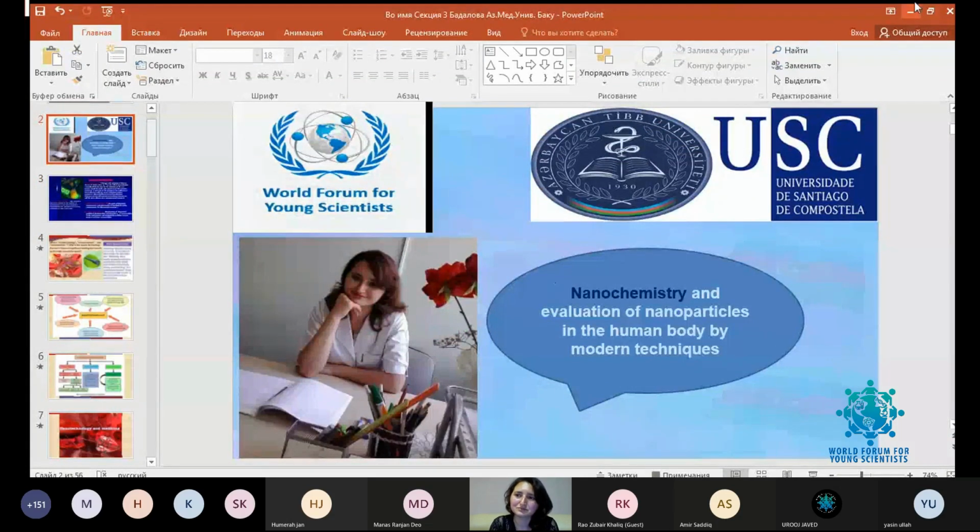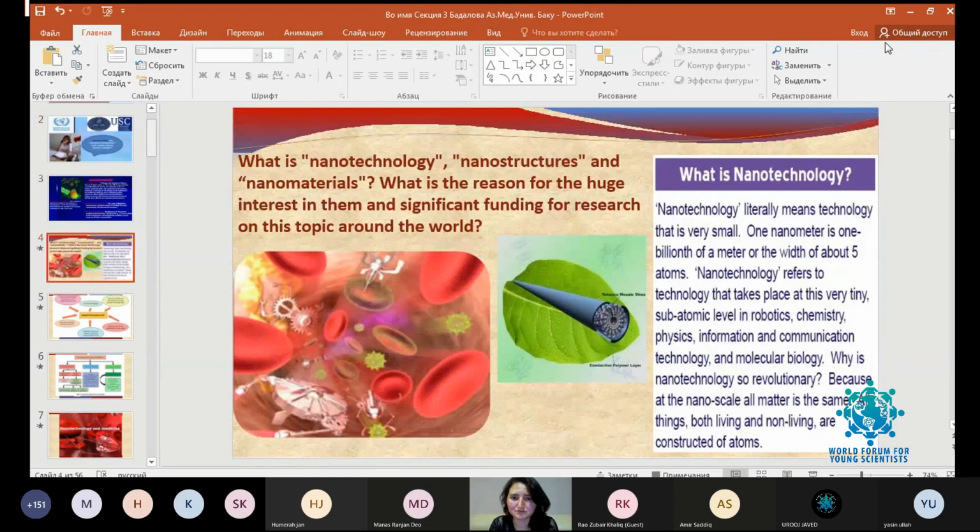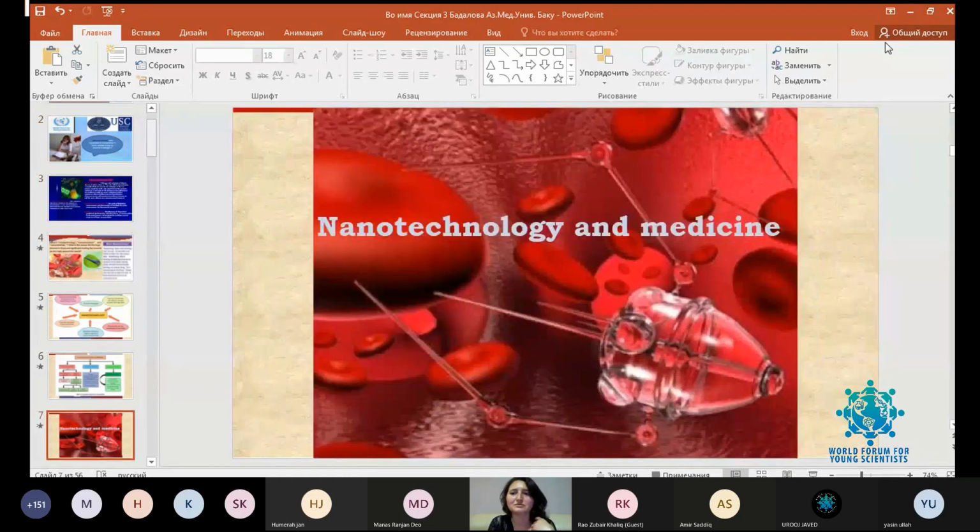We have to take the picture. Muzammal, take the picture of the first slide. Our organizer is asking me to share the first slide for taking the picture.